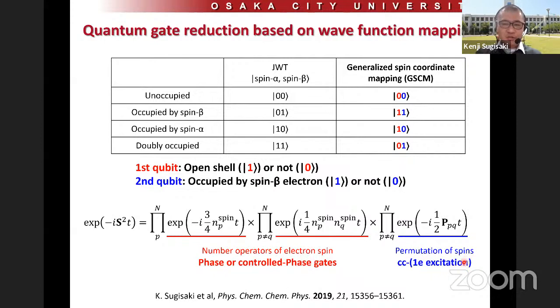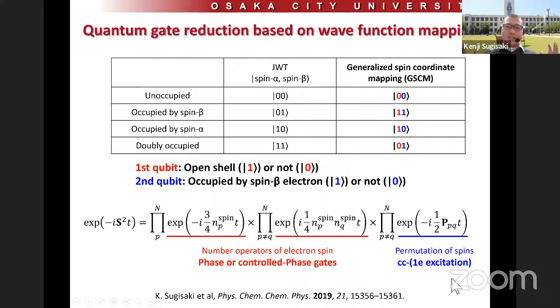And this permutation interchanges from alpha to beta. So in the Jordan-Wigner case, it interchanges 0 1 to 1 0. But in the general spin coordinate mapping, it interchanges 1 1 and 1 0. So basically, this permutation can be realized by using a controlled one-electron excitation operator.